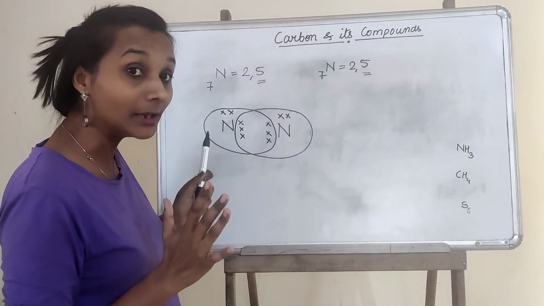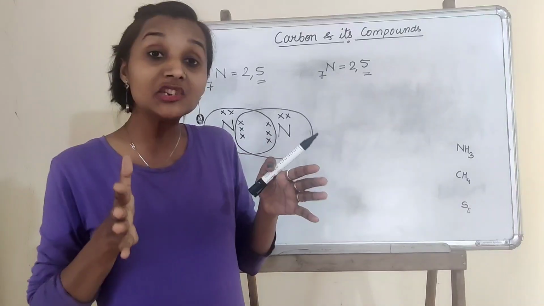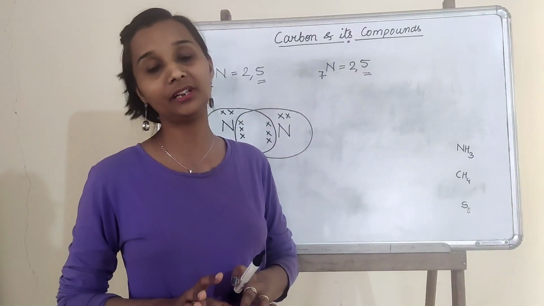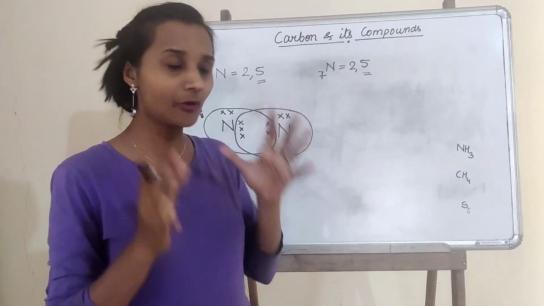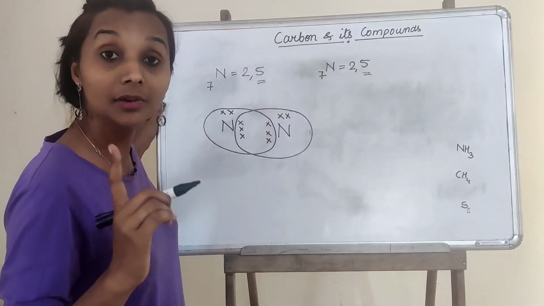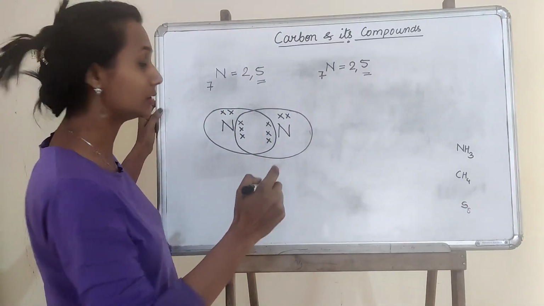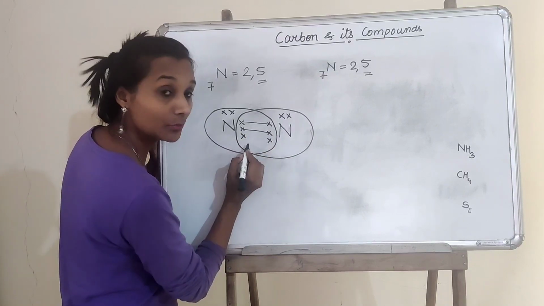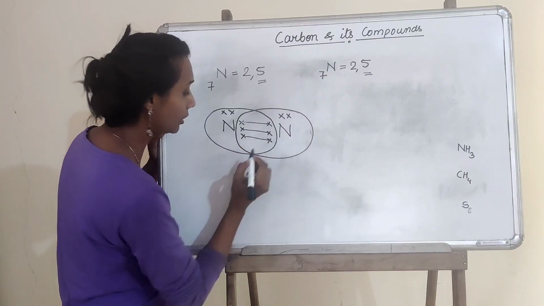So in this way, after equal sharing of electrons, both the nitrogen atoms have fulfilled the octet rule and form a nitrogen molecule with how many bonds? Now we have to count it. Can you see 1 bond, second bond and third bond?